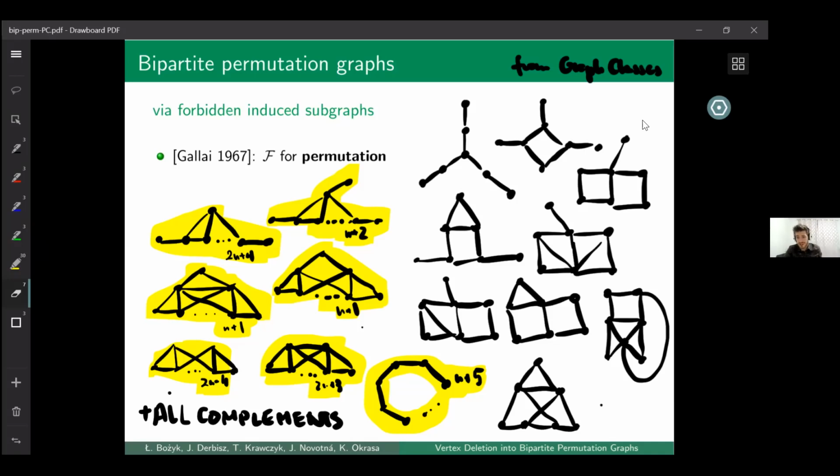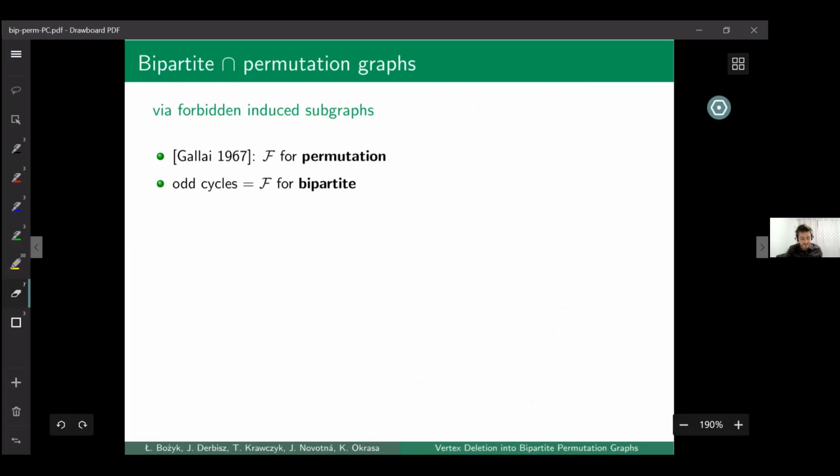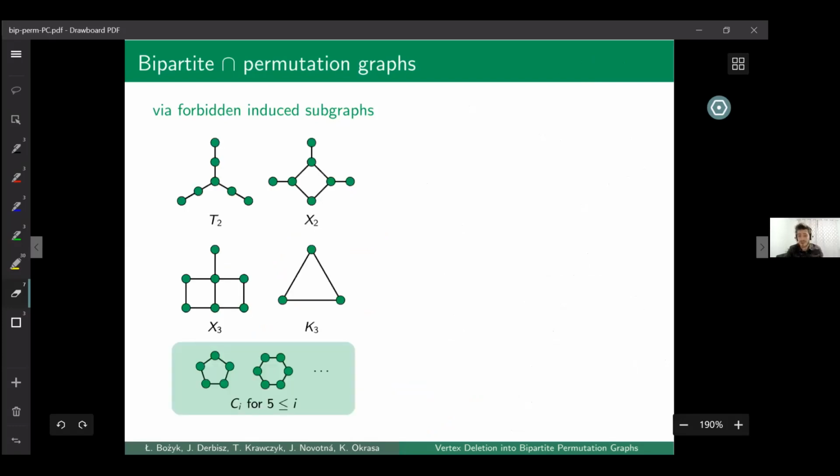So we need to add a triangle, because that's the only one missing. And you'll see that almost all infinite families will no longer be there because they would contain triangles. We are left only with an infinite collection of long cycles and several small finite graphs of bounded size. So this is the ultimate collection.